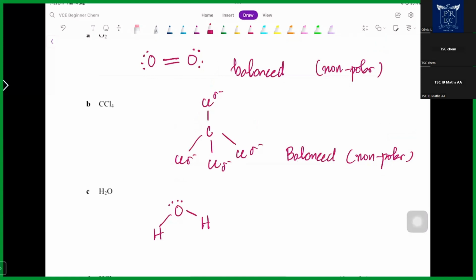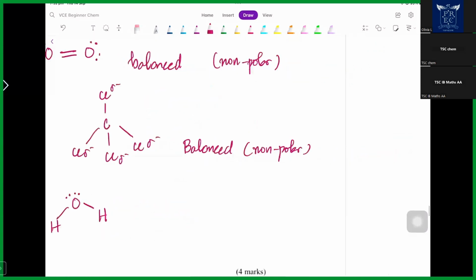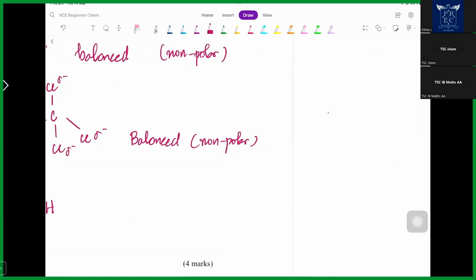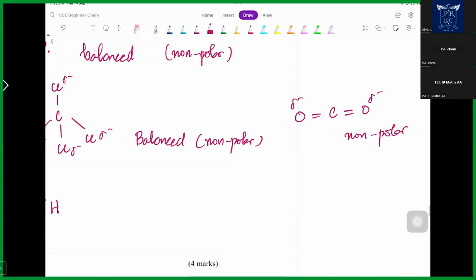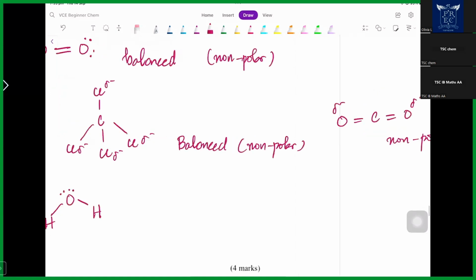Remember, we talked about it. Another example of a balanced structure is carbon dioxide. So this one is minus, minus, so balanced, so non-polar also. Although individually there is a dipole, when you have a balance, the two sides are balanced. So in 3 dimensions, this CCl4 is also balanced. Okay.